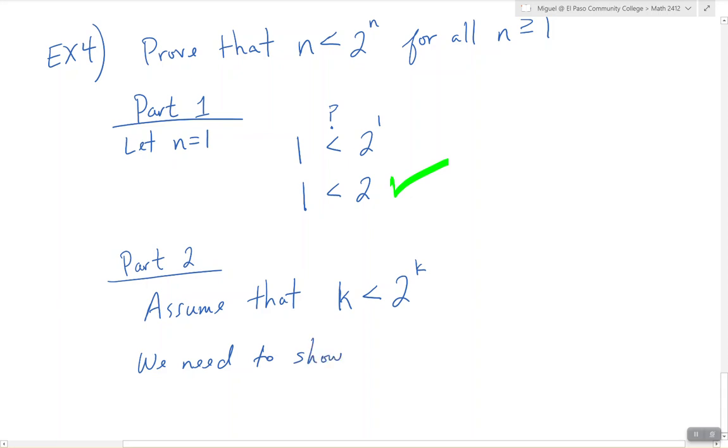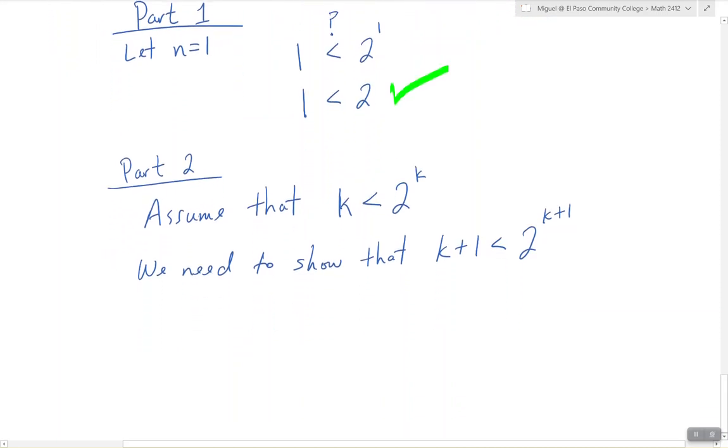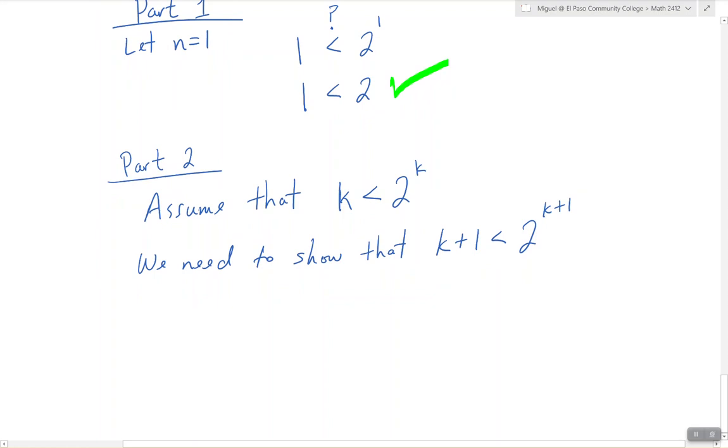So using our assumption, we need to show that k plus 1, so that one is 1 bigger, and then the k in the power is also 1 bigger, is less than 2 to the k plus 1. So that's our setup, right? And then comes the induction step, the hard part, to prove it.